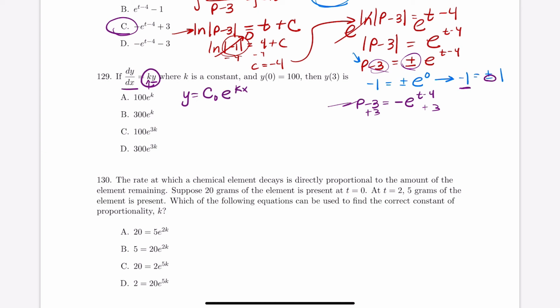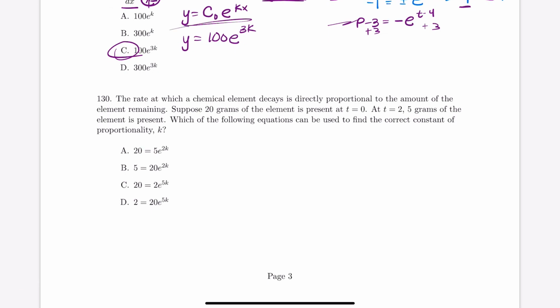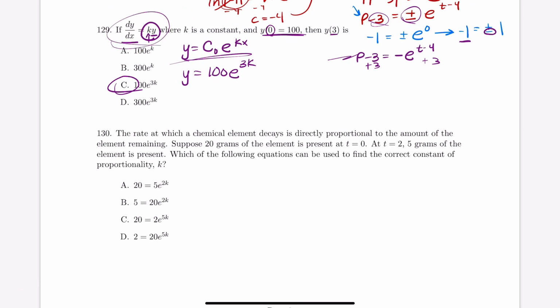So they say that our initial condition at 0 is 100. So y equals 100 e to the, and then our x is 3 in this case, so 3k. And that is c. Nice, that was easy. It's nice knowing the shortcut. Otherwise, you're going to have to sit there and do the whole differential equation.